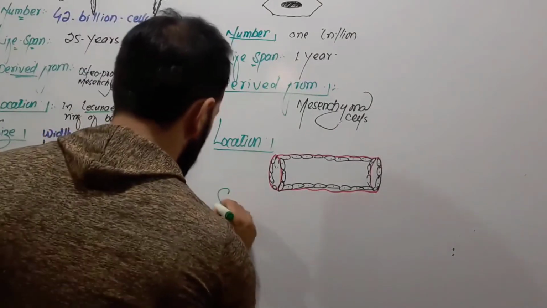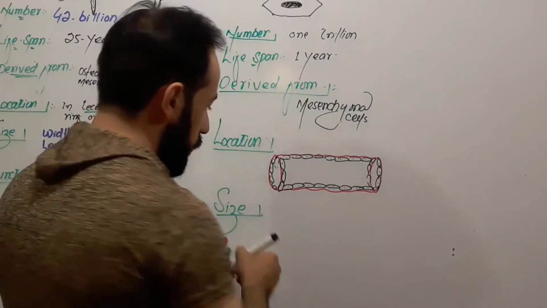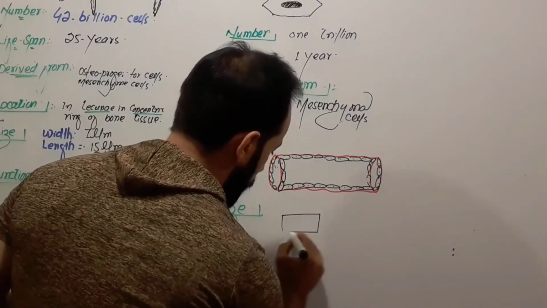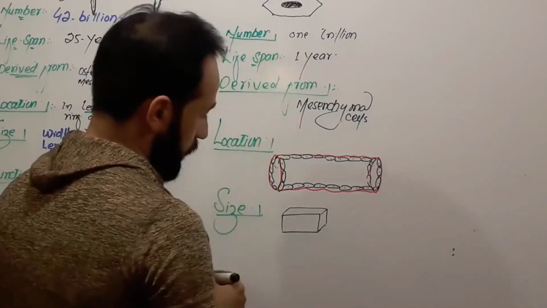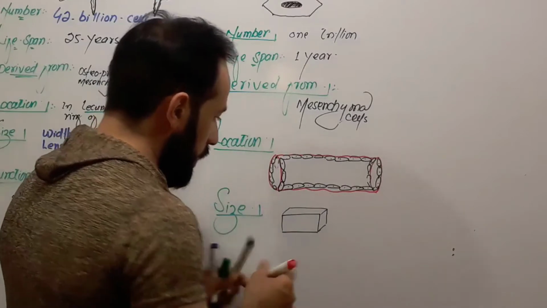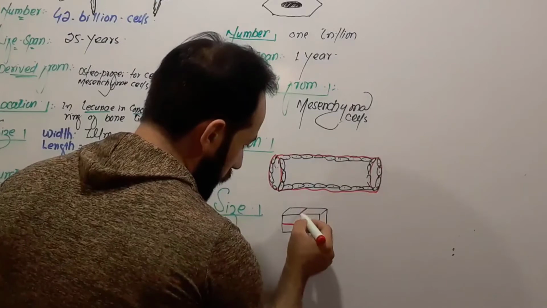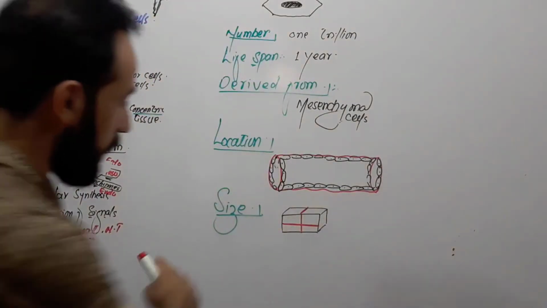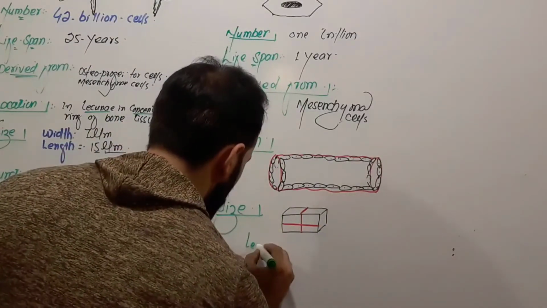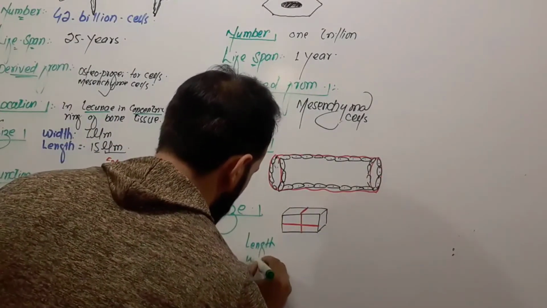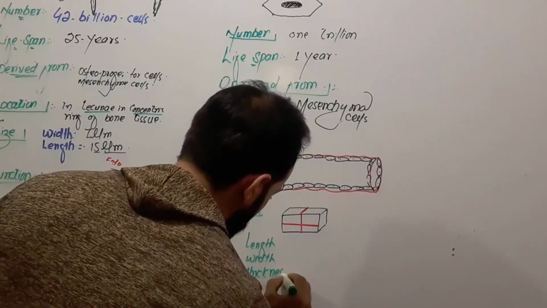The next important point is their size. What is the size of these endothelial cells? If this is an endothelial cell, for example, I am drawing very simply, there is the length of the cell, the width of the cell, and then the thickness of the cell. The thickness is very small.